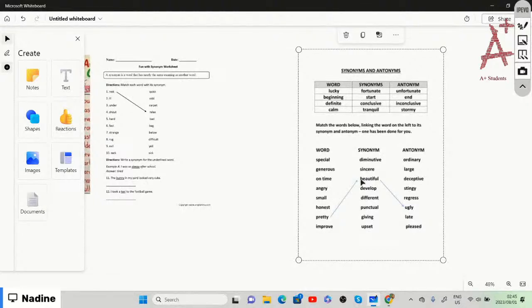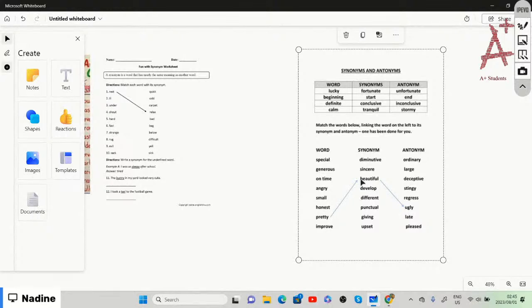Right on top, let us quickly look at those words. It says lucky is the word, then we have fortunate as a synonym and unfortunate as an antonym. Then the synonym we have start, and then we have end. The same with conclusive and conclusive, and then tranquil and stormy, right? These are synonyms as well as antonyms.